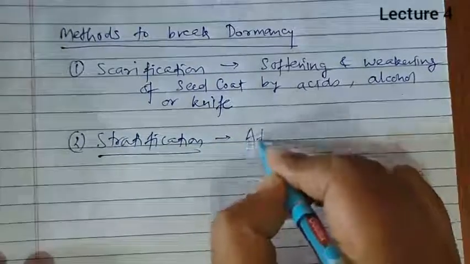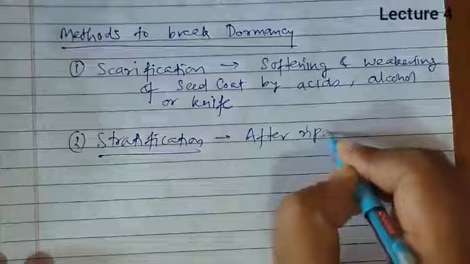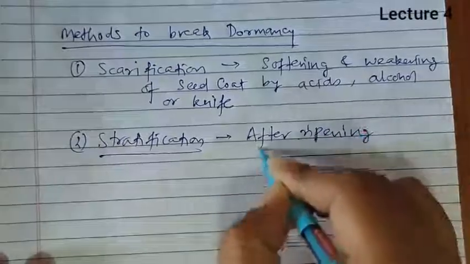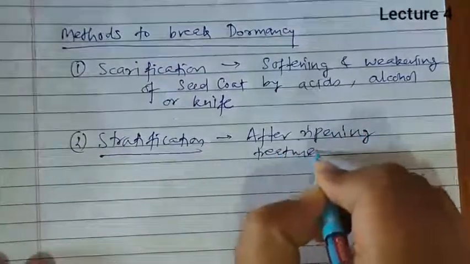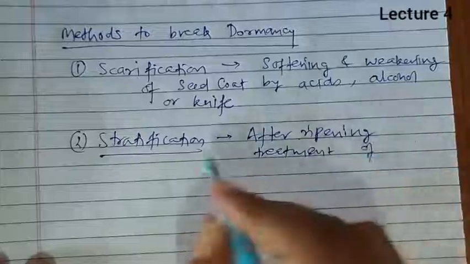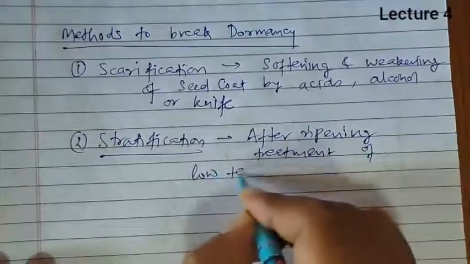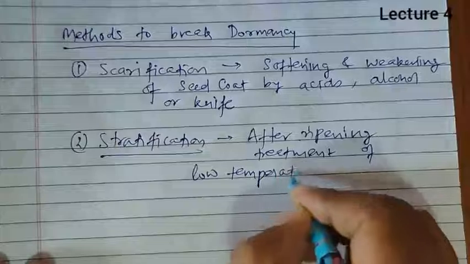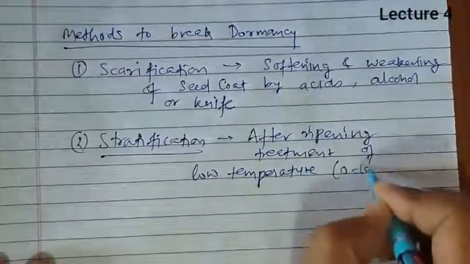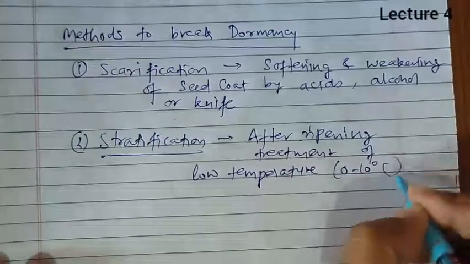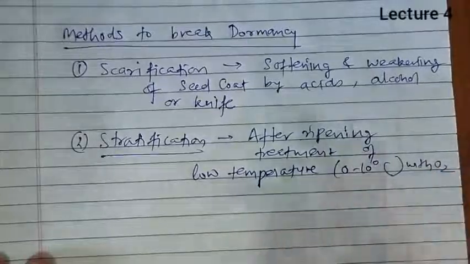The second method is stratification, which involves after-ripening treatment of low temperature, that is 0 to 10 degrees Celsius, with O2.